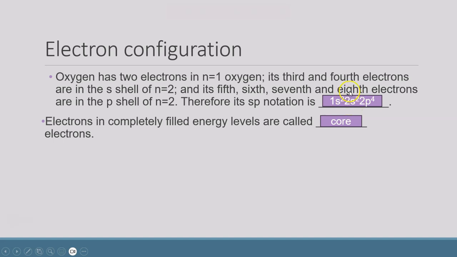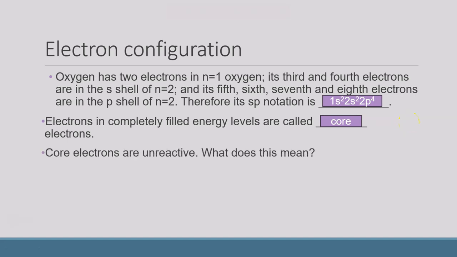The s shell is, but the second energy level as a whole is not. When we look at core electrons, we're looking at electrons in completely filled energy levels. So, again, in the case of oxygen, the only core electrons it has are the 2 electrons in the s shell of the first energy level.